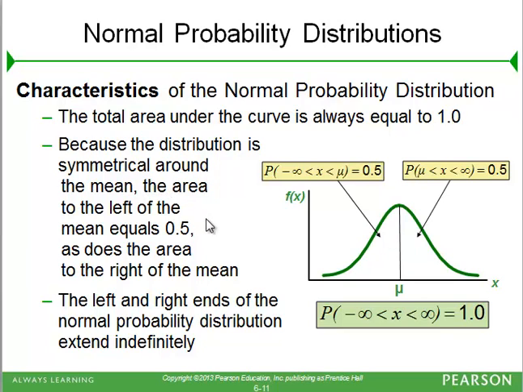Because the distribution is symmetrical around the mean, the area to the left of the mean equals 0.5, meaning the probability of the values falling into this half is 50%. Same thing, the area to the right of the mean is 0.5 as well. The left and right ends of the normal probability distribution extend indefinitely.